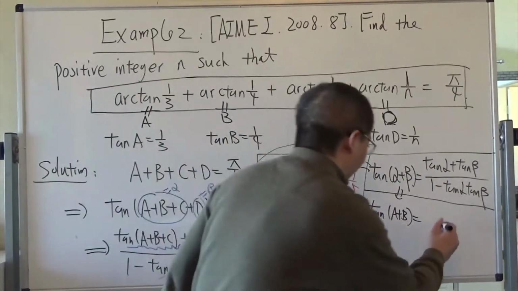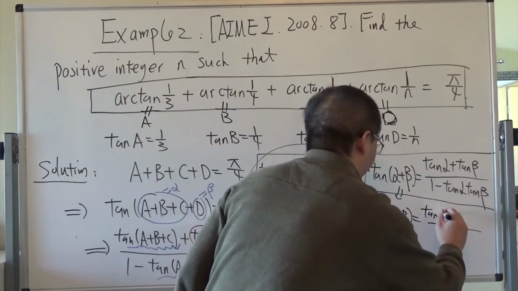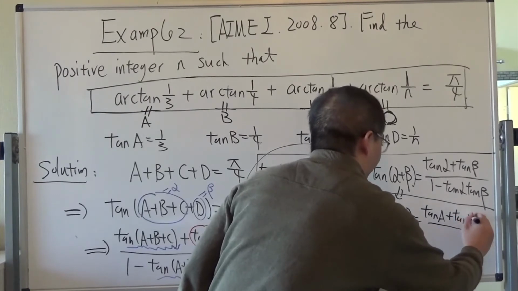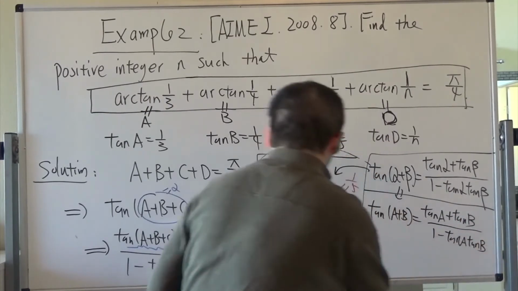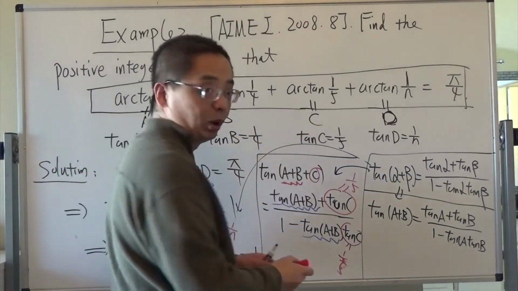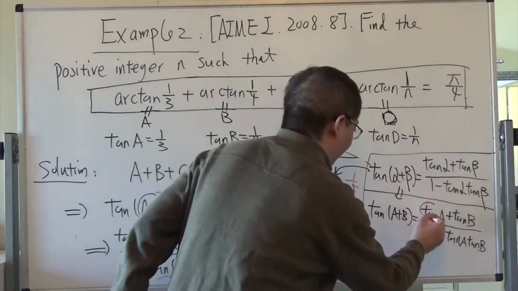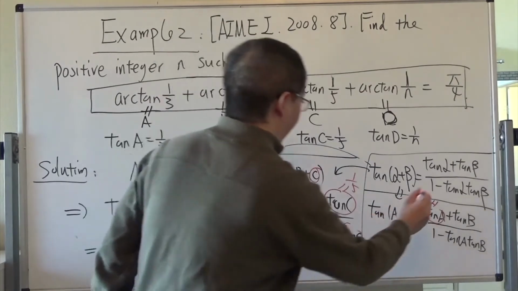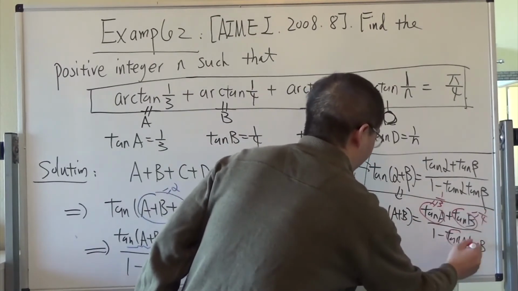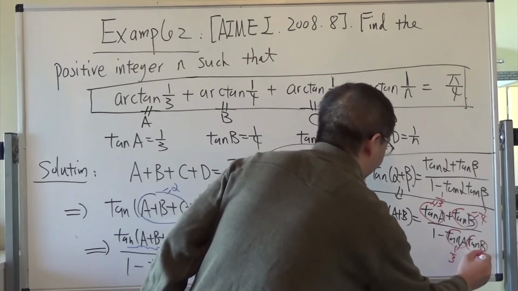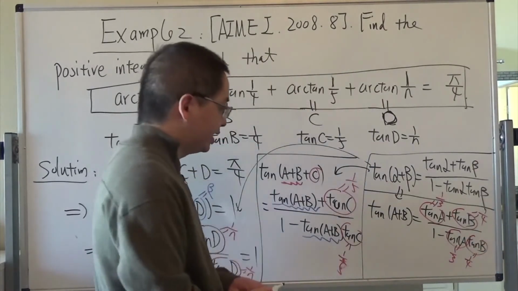This equals (tangent A plus tangent B) over (1 minus tangent A times tangent B). Now we have both tangent A and tangent B given. This is 1/3, this is 1/4, this is 1/3, and this is 1/4. And then it's easy to calculate.